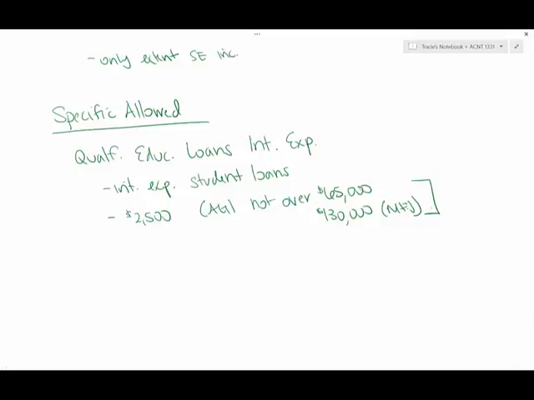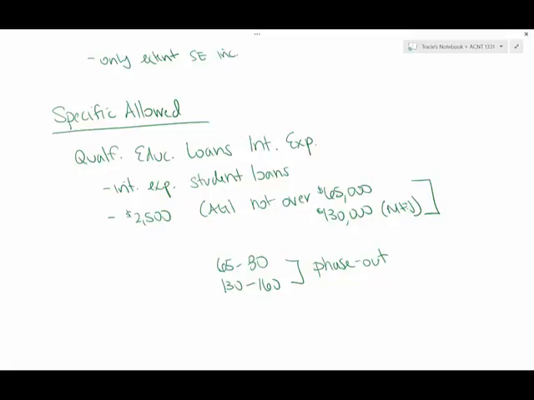Now, after a taxpayer gets over $65,000, if they are between $65,000 and $80,000, or $130,000 and $160,000, the taxpayer is going to go through something that we call a phase out. And this is the first time that we've talked about this terminology called a phase out.